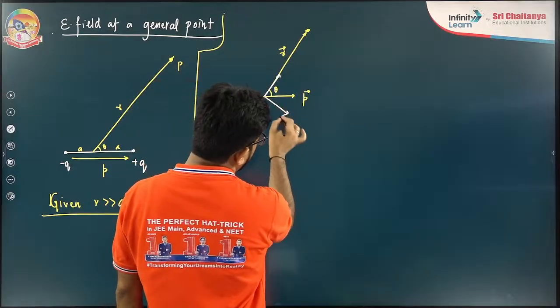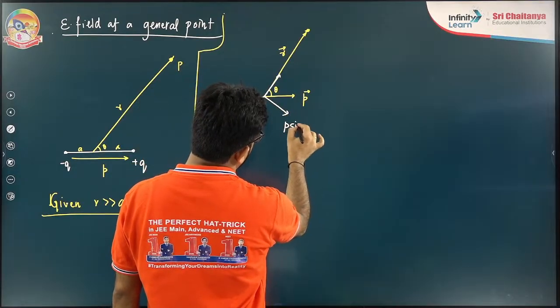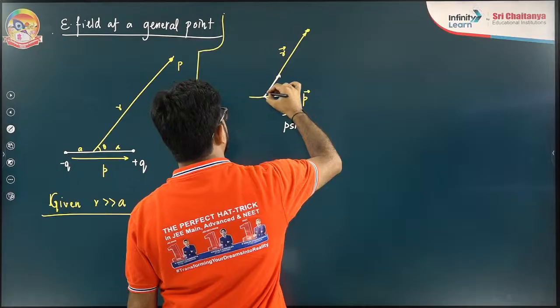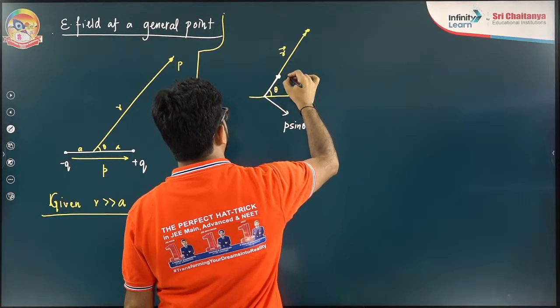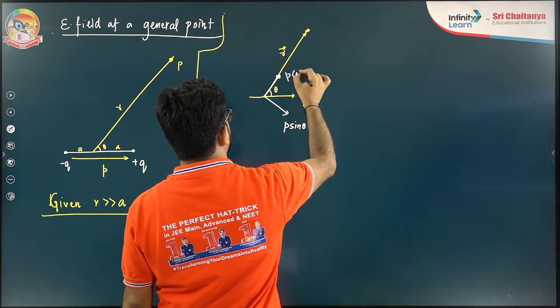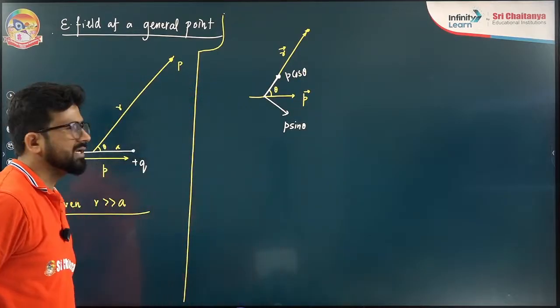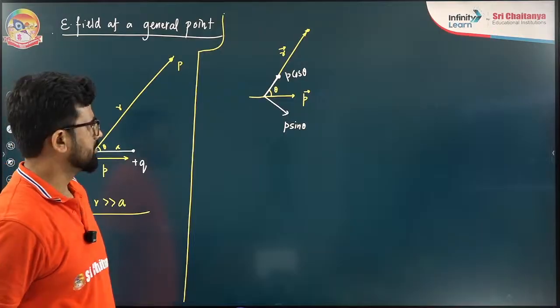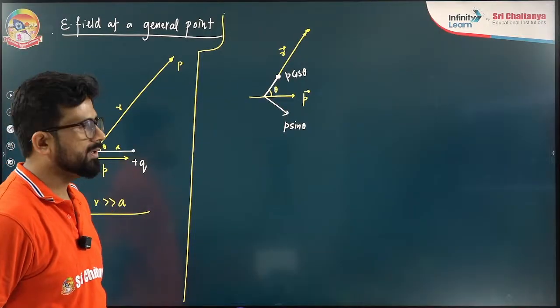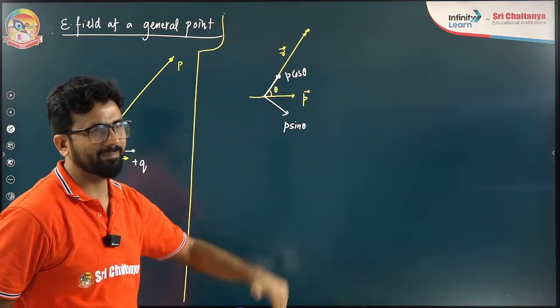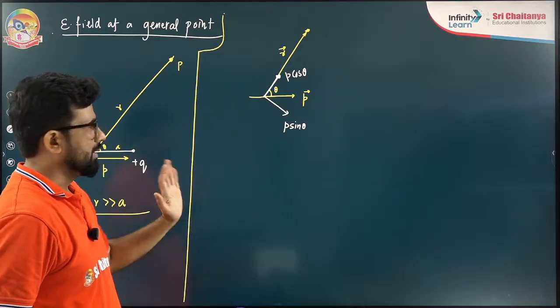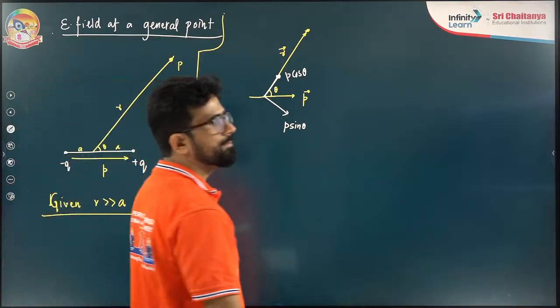One component of P would be P sin theta, and the one in the direction of R would be P cos theta. Now tell me, is it clear to everyone? We can take this very simply as two components, one along the R and one perpendicular to R. Clear?